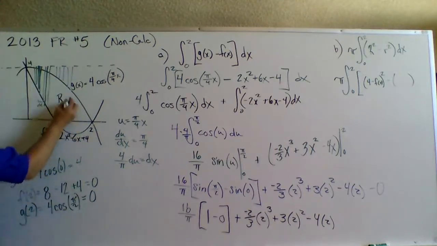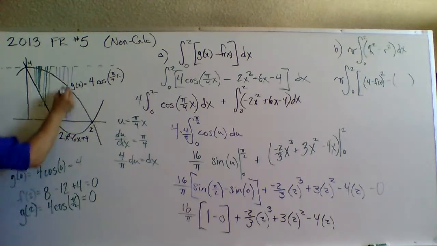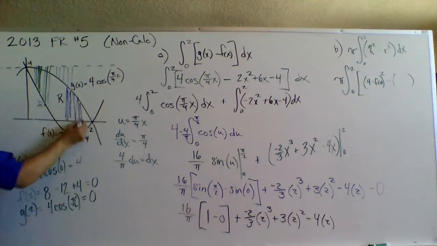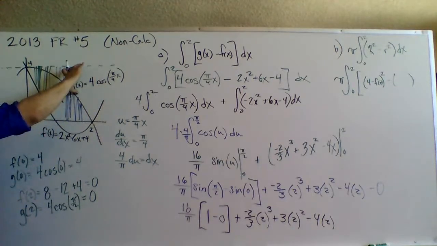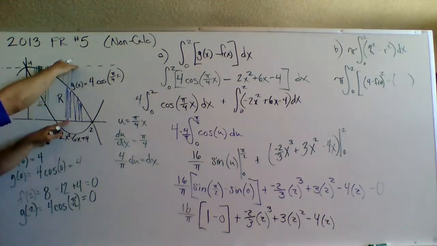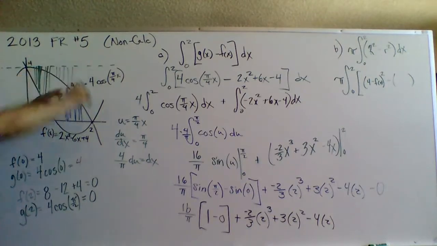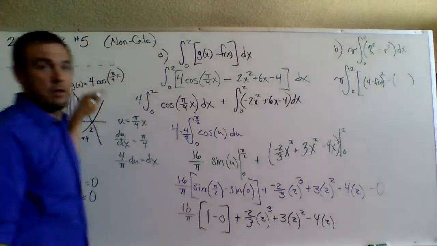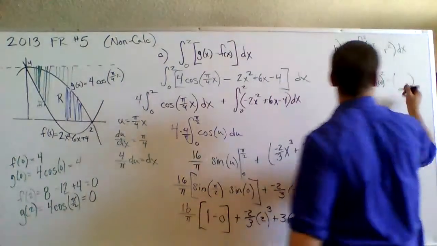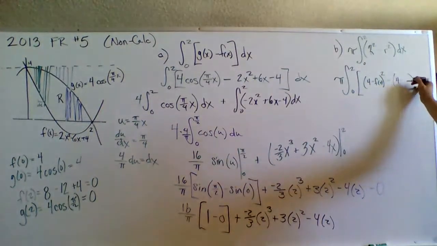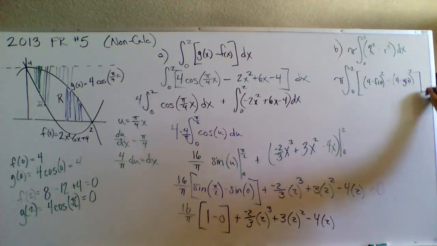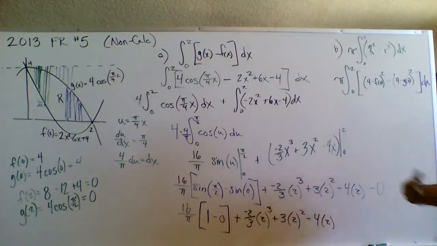If you think about this, g of x is representing this distance right here. We want this distance, which is really going to be 4 minus that curve. Once again, it's just top minus bottom. So this is going to be 4 minus g of x. It's all going to be squared with respect to x, and stop.